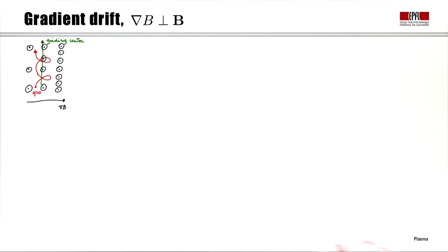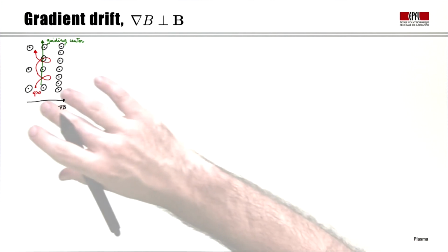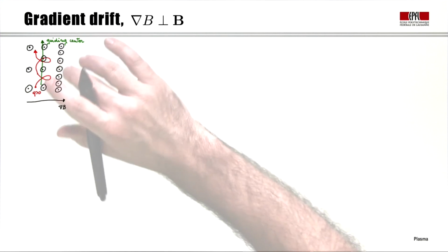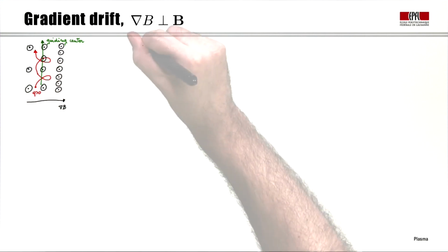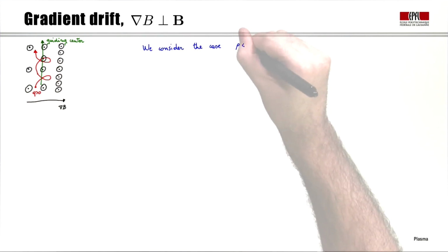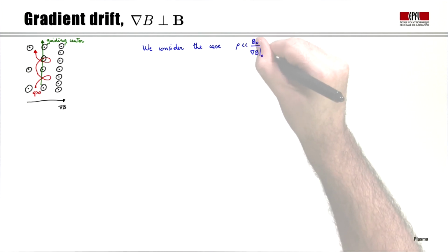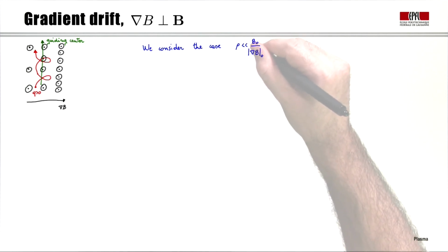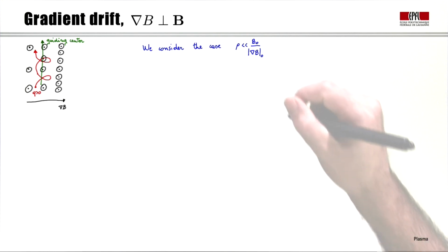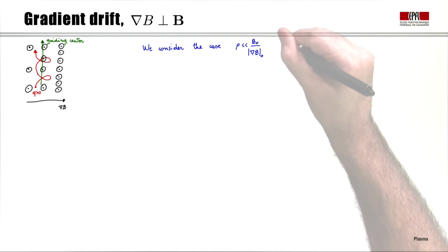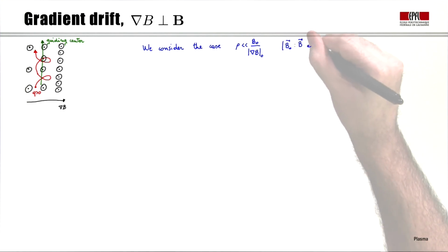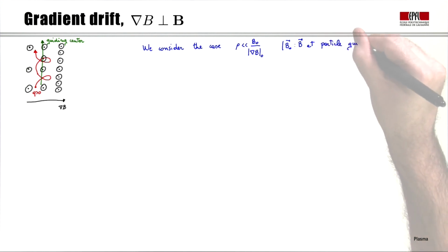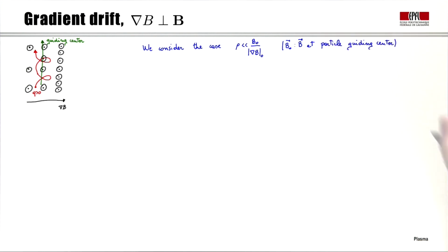We will consider the limit of Larmor radius that is much smaller than the typical scale over which the magnetic field varies. With the subscript 0, for example B0, I will denote the value of the magnetic field or of its gradient at the particle guiding center.